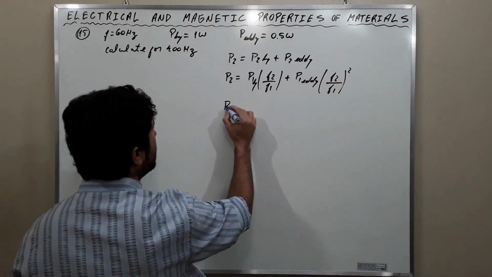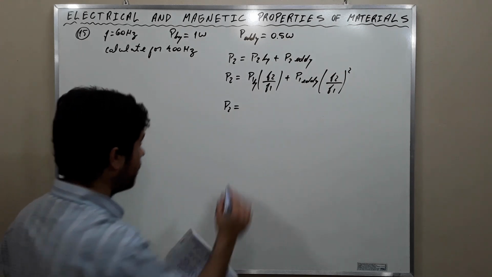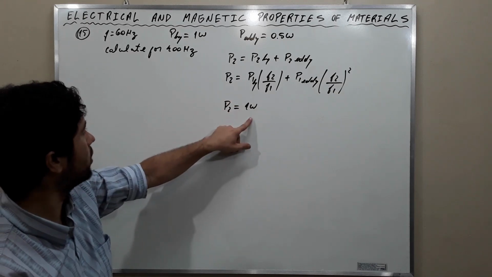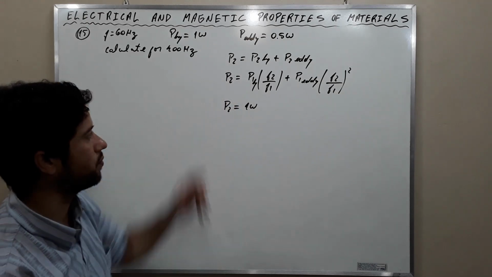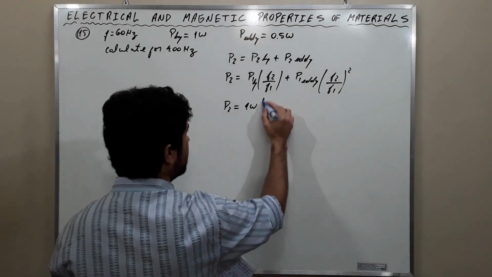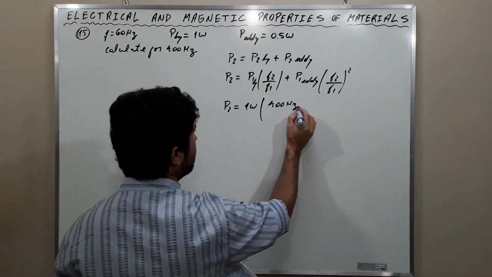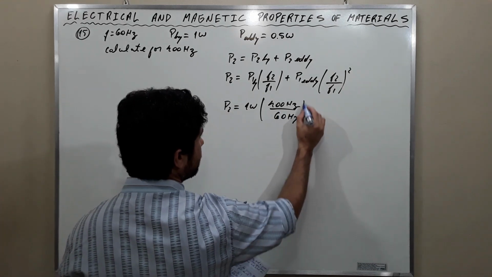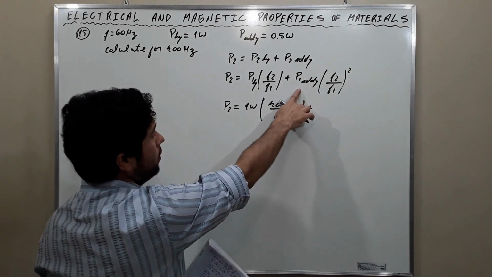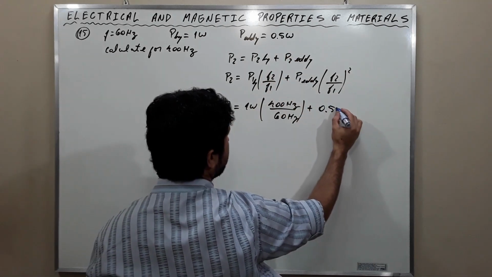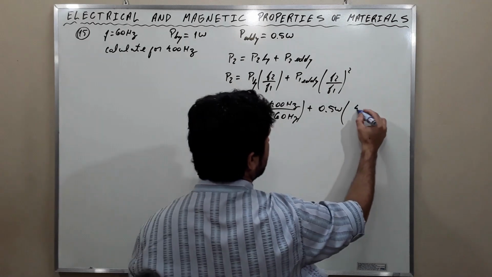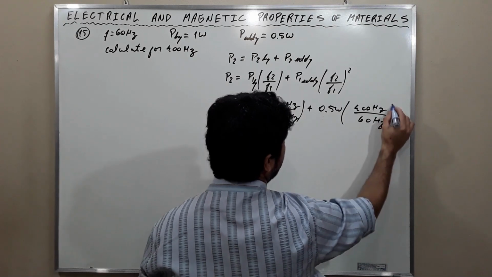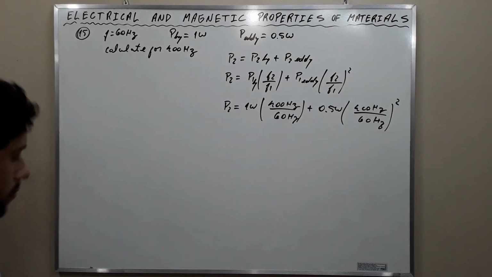Knowing this, we can confidently say that P1 hysteresis is 1 watt. The exercise gave this. F2 is 400 Hertz. F1 60 Hertz. P1 eddy is 0.5 times 400 Hertz divided by 60 Hertz, but here squared.